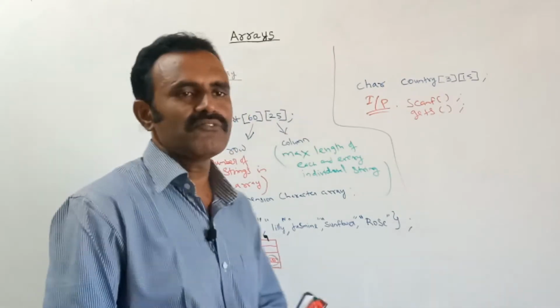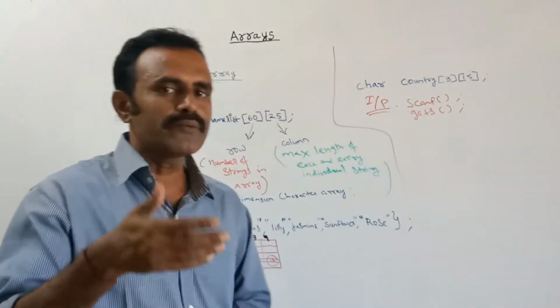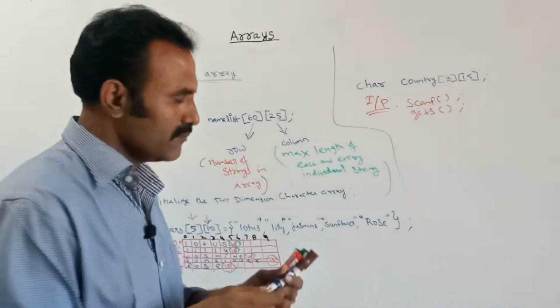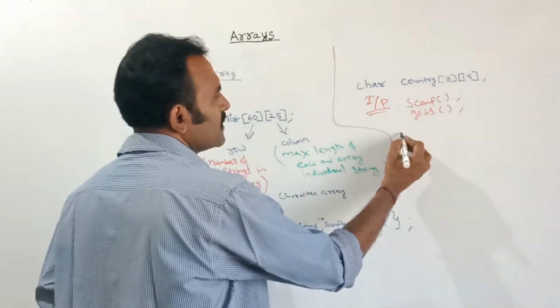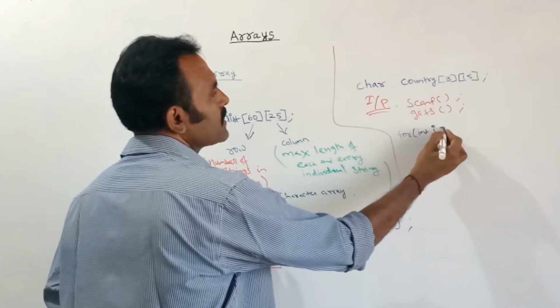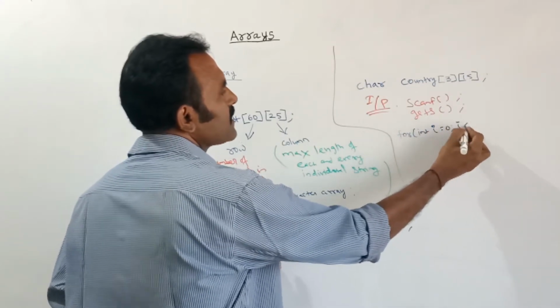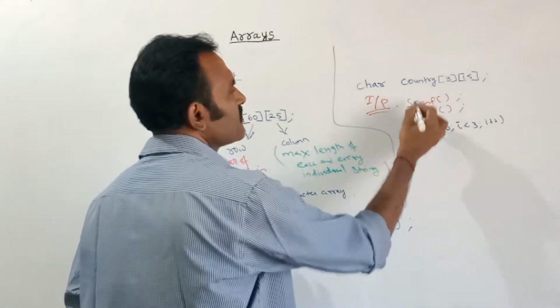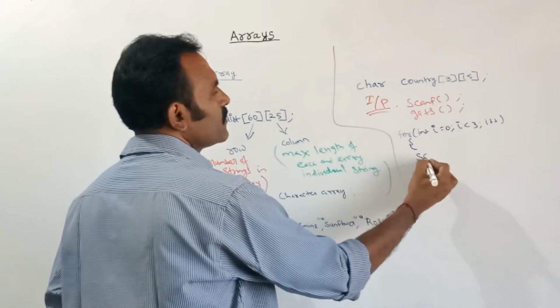By using the for loop we can give multiple strings to the two-dimensional variable. For example, if I am declaring the for loop, here int i is equal to 0, i is less than 3, i plus plus. By the help of this for loop we can give the input to the variable.